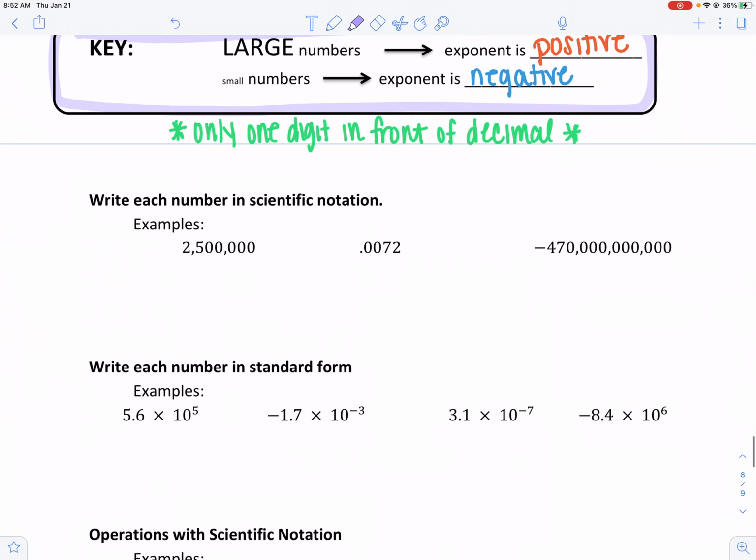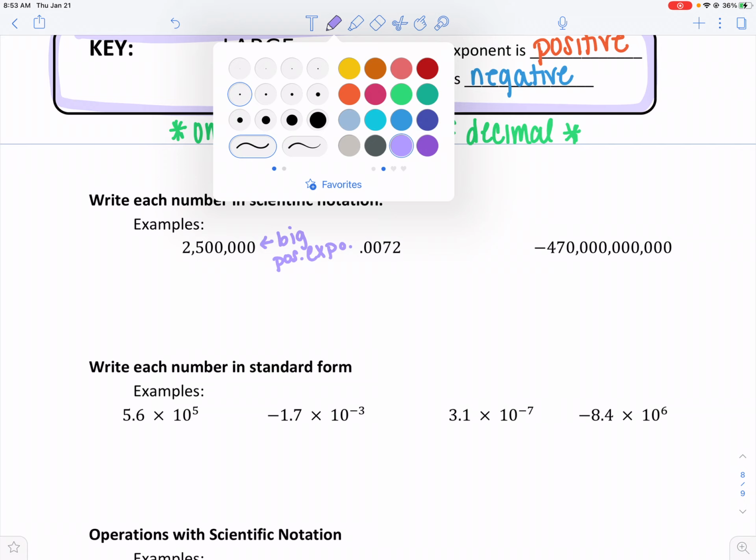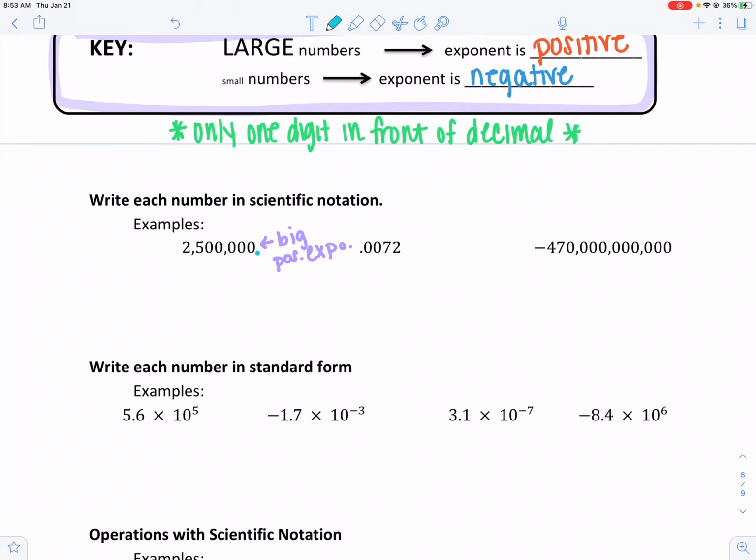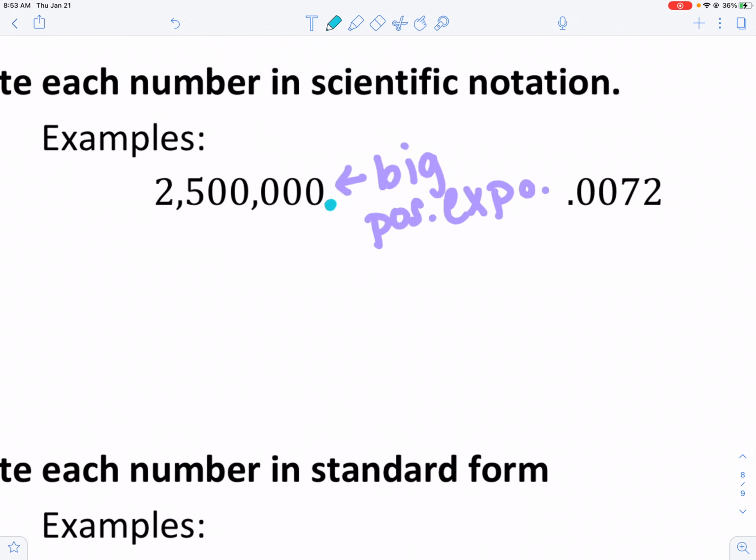So let's look at some examples. The first one is 2,500,000. So this is a really big number. It's greater than 1. It's a large number, which means I'm going to have a positive exponent. Now to find the exponent, I put my decimal, so if I don't see one, it goes at the end, and I'm going to move that decimal until there is only one digit in front.